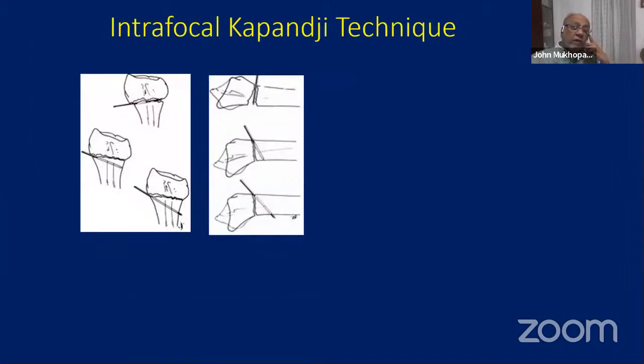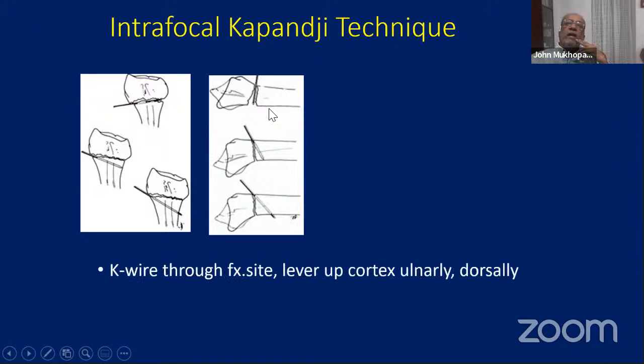The other technique of pinning is the intrafocal Kapandji technique, where you actually put in the K-wire through the fracture site, then use the pin to reduce your fracture and drive it through the opposite cortex. So you have a fracture that's displaced like this, you put your pin into the fracture, and as you tilt the pin this way, it will reduce the distal fragment, and then you drive it into the proximal fragment. And you can add additional pins once you've done that if necessary.